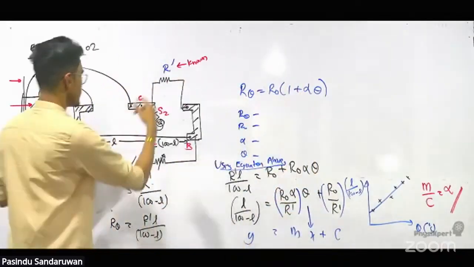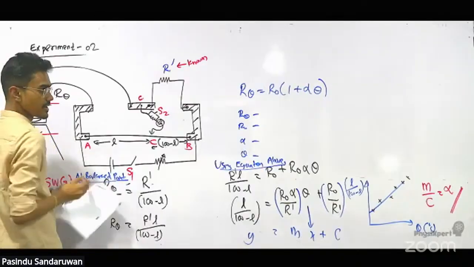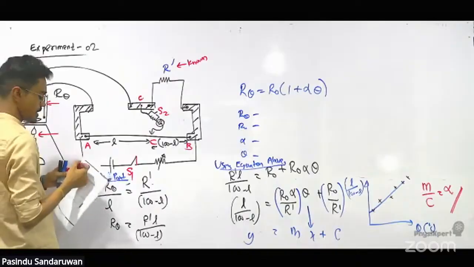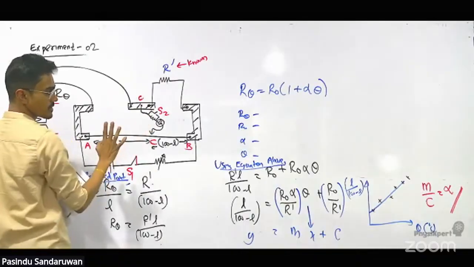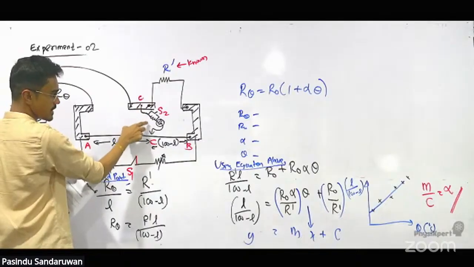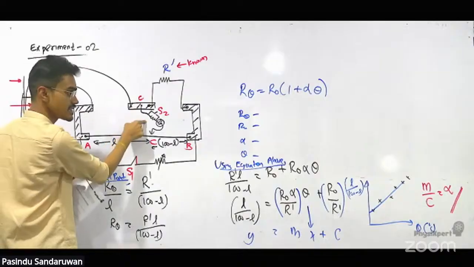Initially, listen, we close only switch S1, keeping S2 open. When S2 is open, the current passes through the galvanometer via this safeguard resistor.